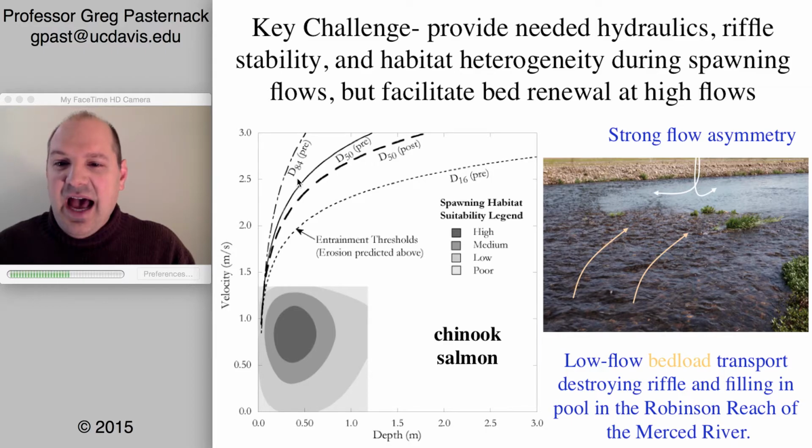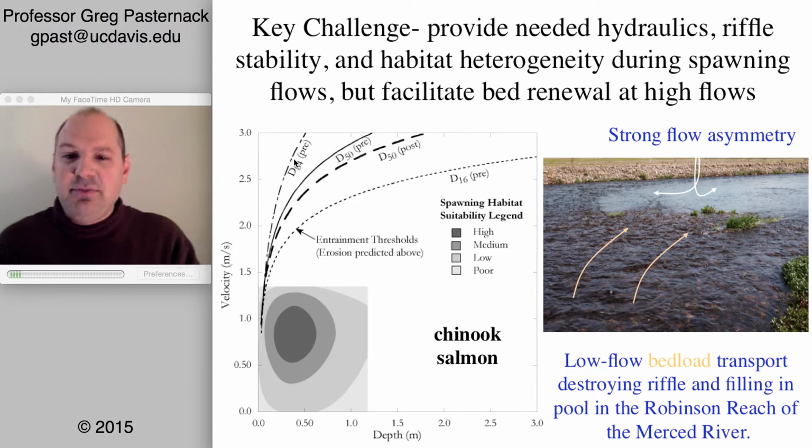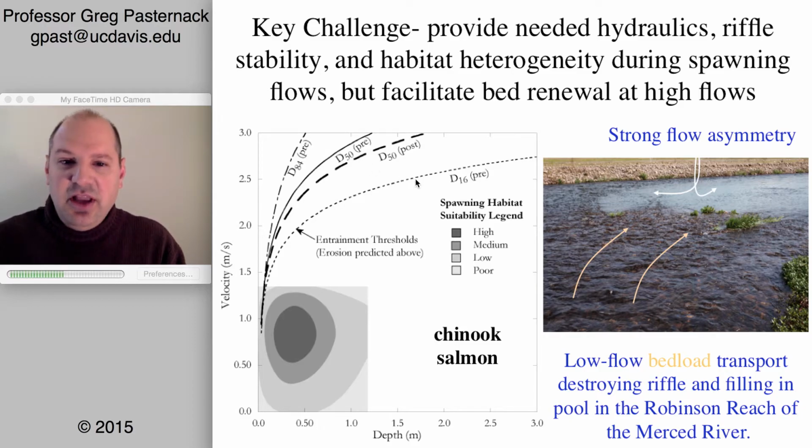That's the size that 84% of the sediment is smaller than, or D50 is the median grain size. So if you look at pre and post restoration sizes, for any given depth, you want the velocity to be below these thresholds and in the salmon spawning threshold, which is this gray bullseye here.